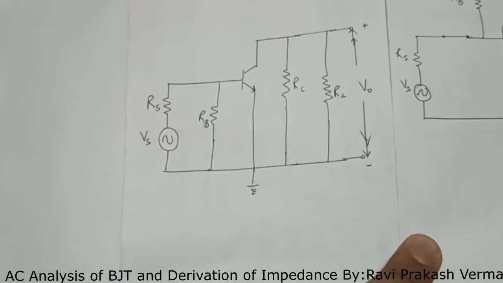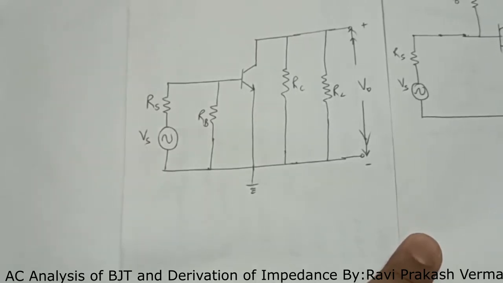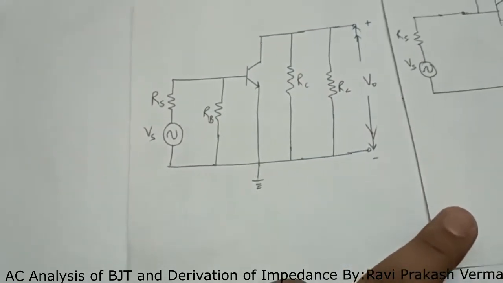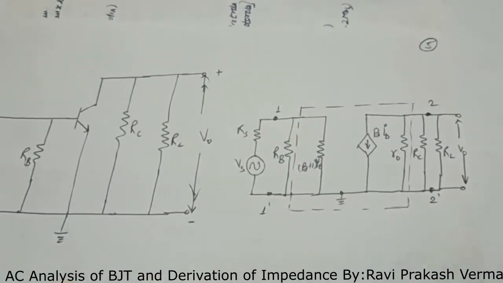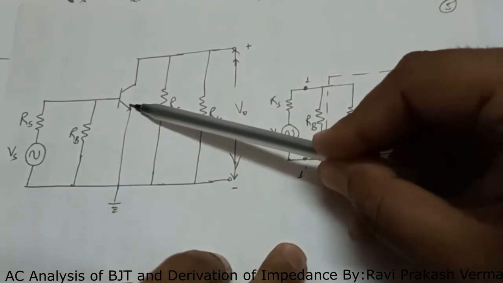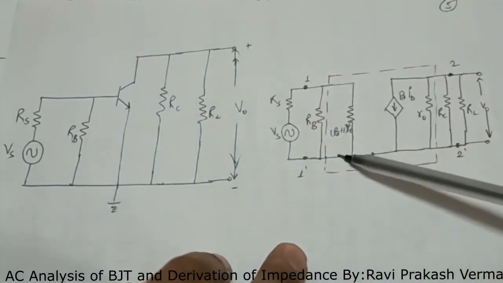In the previous lecture, I have mentioned how to find the transistor model for any transistor, for a BJT. So we will replace this transistor with its transistor model, and we will get this type of circuit. In this, we have replaced this transistor with this equivalent model.